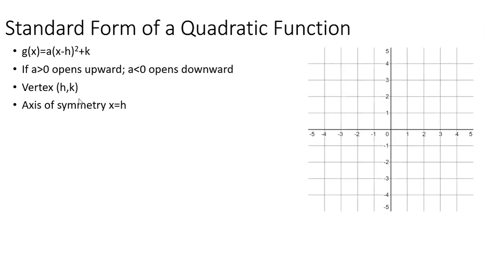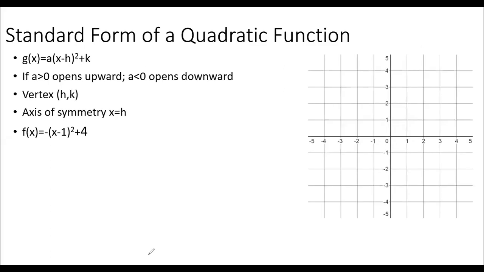Our axis of symmetry, again, is the vertical line going through the x coordinate of our vertex. The x coordinate of our vertex is h, so the axis of symmetry is x equals h. So let's go ahead and take a look at an example. We have f of x is equal to negative (x minus 1) squared plus 4.